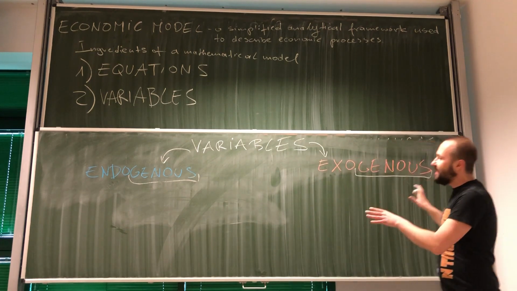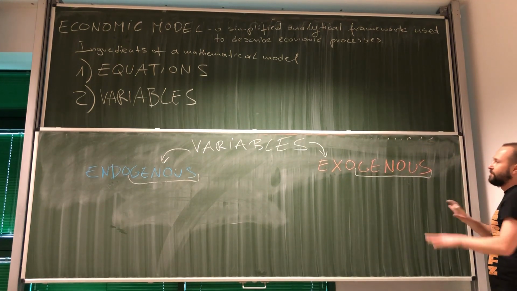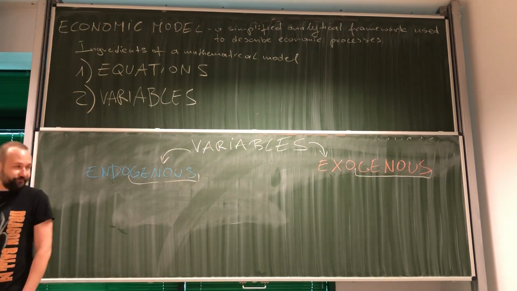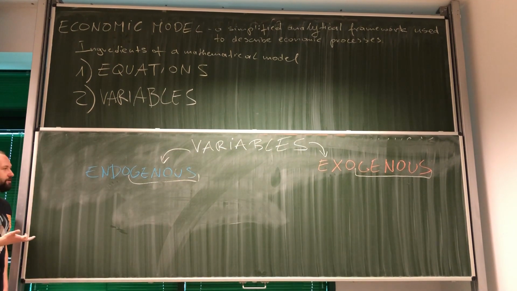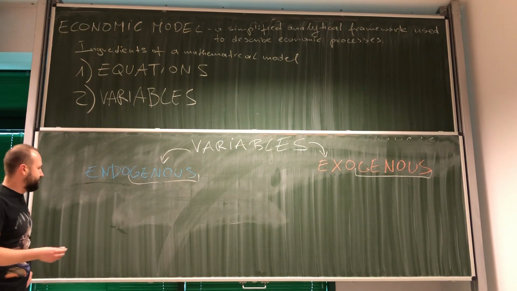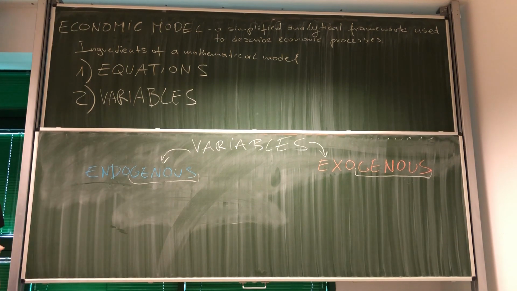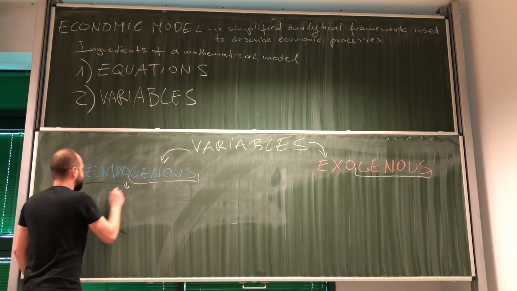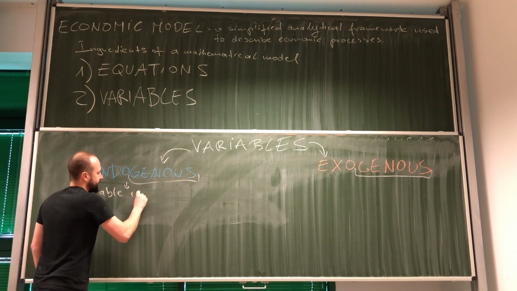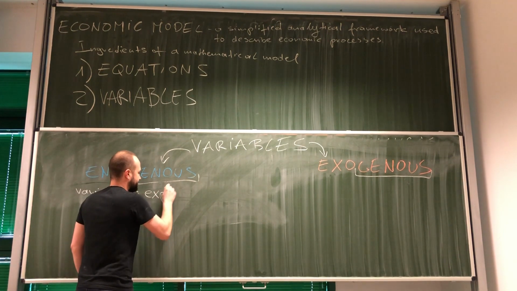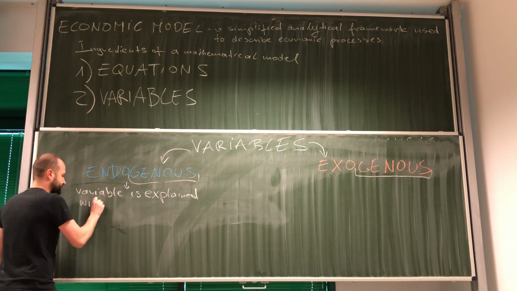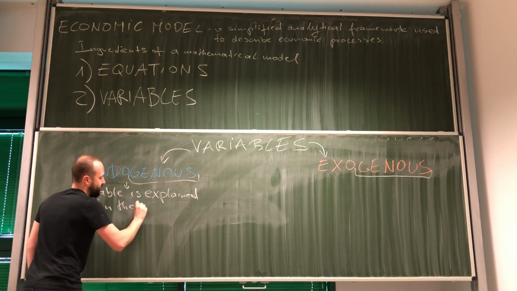So the main difference between those two sets of variables is that the values of these variables are either explained within the model, like in the case of endogenous variables. We can say that in this case, the variable is explained within the model.